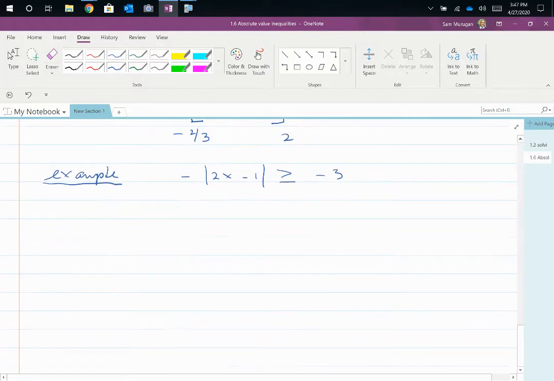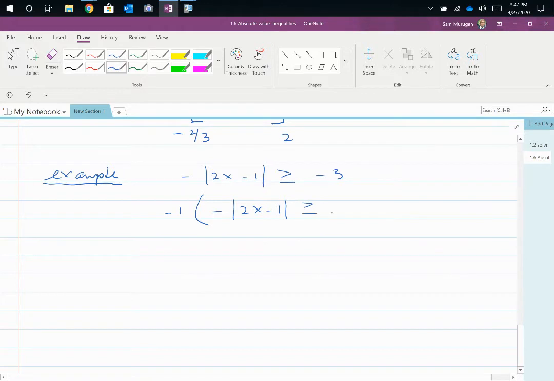So this is actually a less than problem, because if we were to multiply the entire inequality by -1, we get the negative times negative, +2x minus 1, and negative times negative becomes +3, but the inequality flips around because we're multiplying by a negative number.